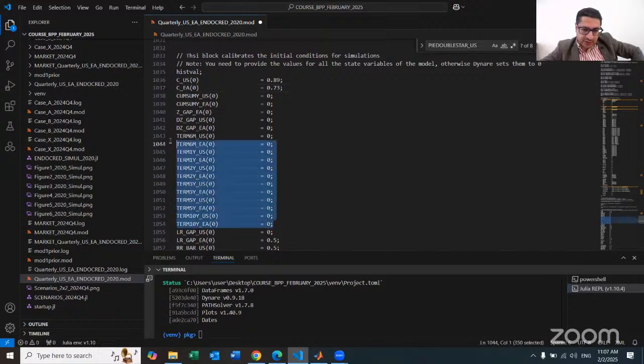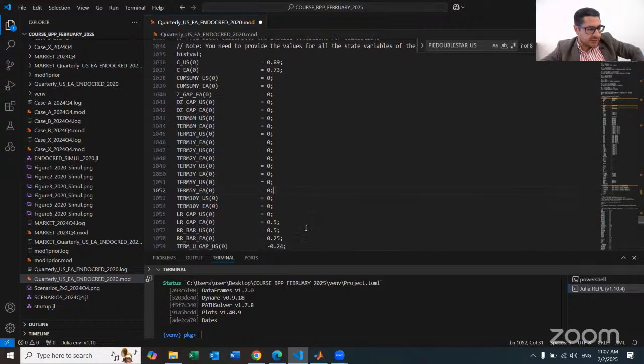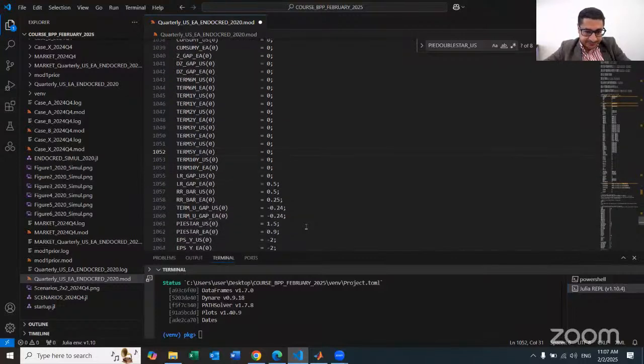We put 0, which means that they are expansionary, coming from the expected path of the policy rate, but also there are some other expansionary policies like asset purchases and other things.